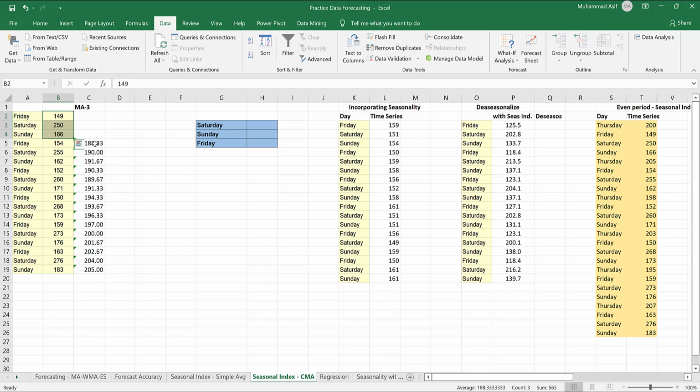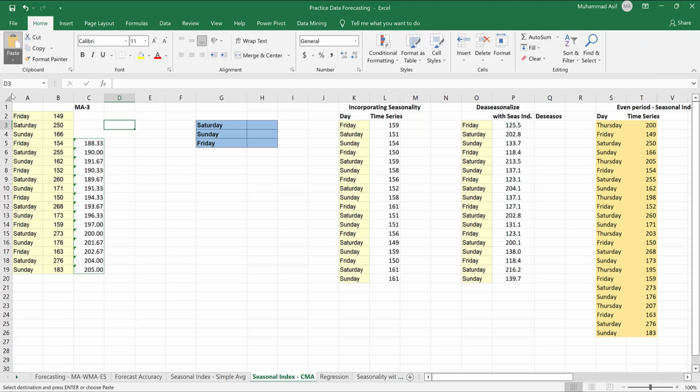So what we do is that we rearrange this data so that it corresponds with the central one. This one. So over here we can say that this 188.33 can be thought of as corresponding with the middle value. That's called a centered moving average.